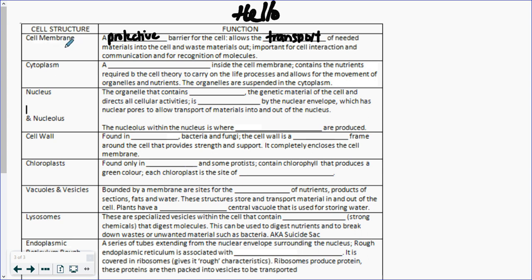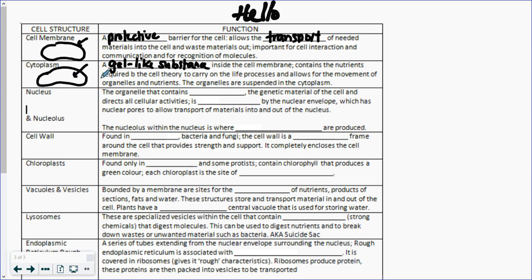So the cell membrane, if we're to draw a weird little cell here, is just the outside part. It's the outer covering. The cytoplasm is a gel-like substance inside the cell membrane. So if we're to draw our same little weird bean cell, the cytoplasm is the stuff inside that's not organelles.